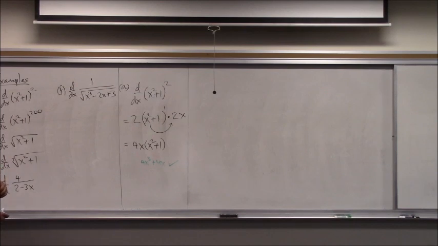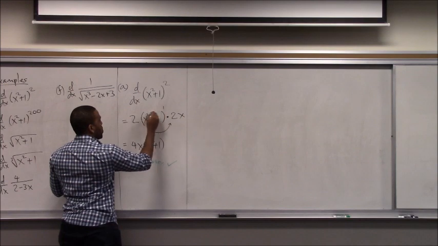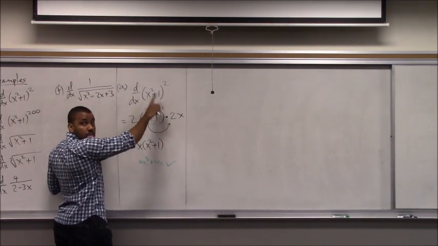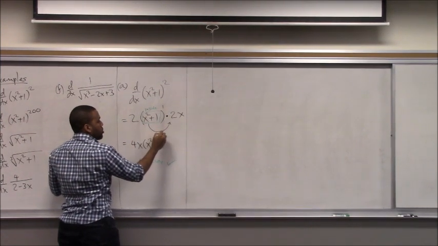Where did you get the 2x from, after the parentheses? Okay, so here, the x squared plus 1 is the inside function. You would recognize that because it's in the parentheses and there's a square around it. So you multiply by the derivative of the inside.